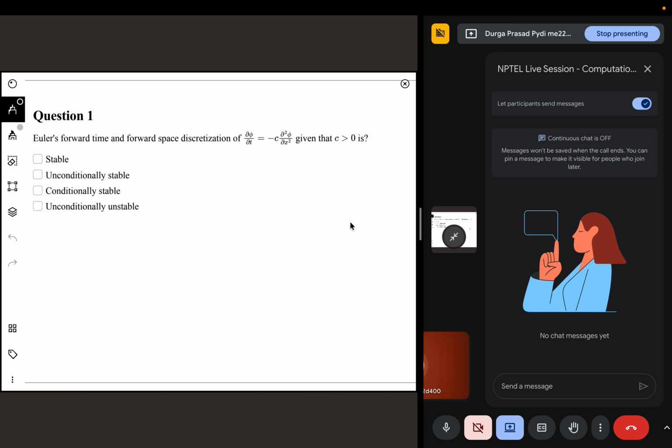You don't have to do von Neumann analysis for this, but which one do you think is true? So first of all, what kind of equation is this?